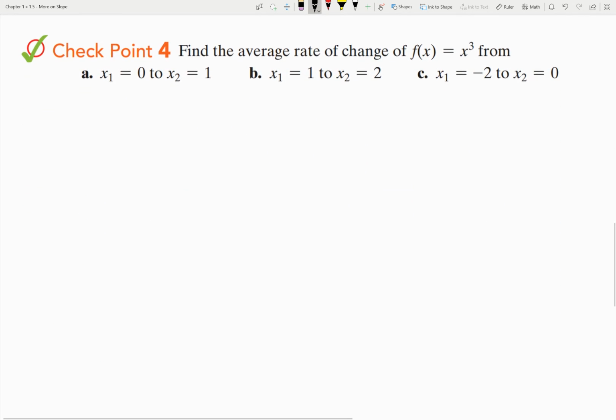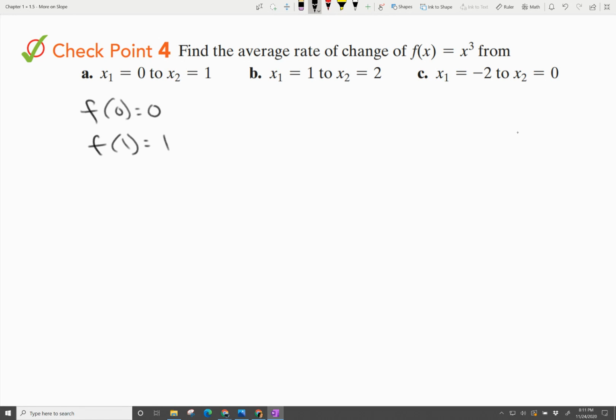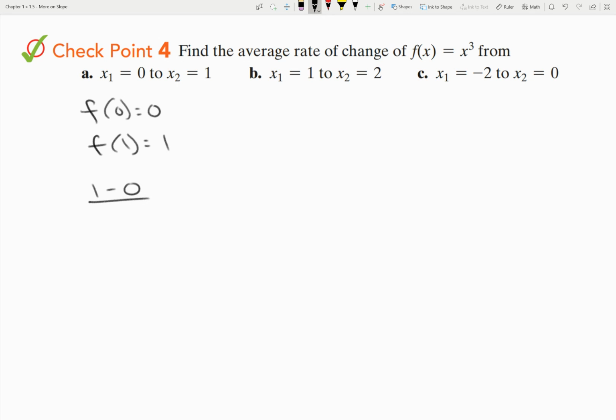Let's try cubic. Okay, so f of 0 cubed would be 0. F of 1 cubed would be 1. So similar to the first one, f of x2 minus f of x1 is 1 minus 0 over x2 minus x1, which is 1.